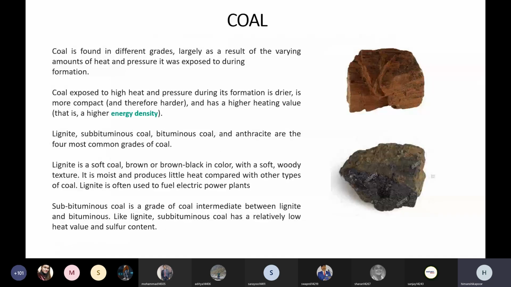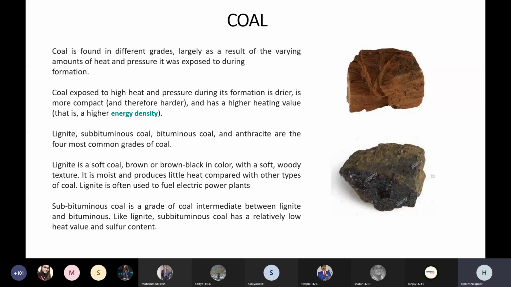Now coming to coal. We have different varieties of coal, and it is due to the different environmental conditions in which the coal was formed. Coal is generally a black combustible solid composed mainly of carbon. Carbon is the major element.